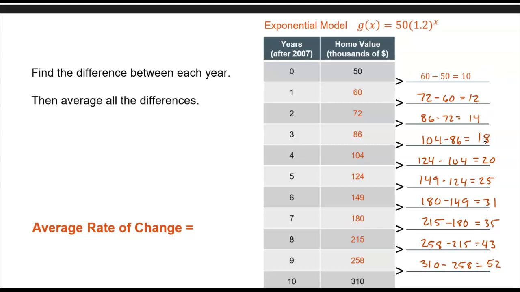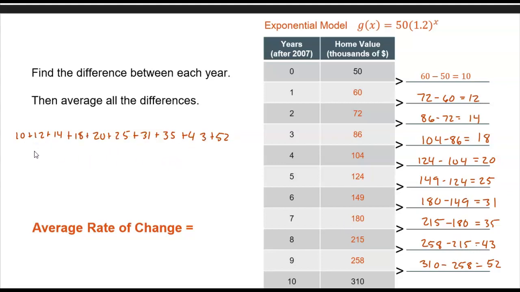This is our rate of change between each of these numbers. So we want to add them all and divide by the count. So here we go, 10 plus 12 plus 14 plus 18 plus 20 plus 25 plus 31 plus 35 plus 43, and our last number is 52, and our count is 1, 2, 3, 4, 5, 6, 7, 8, 9, 10.